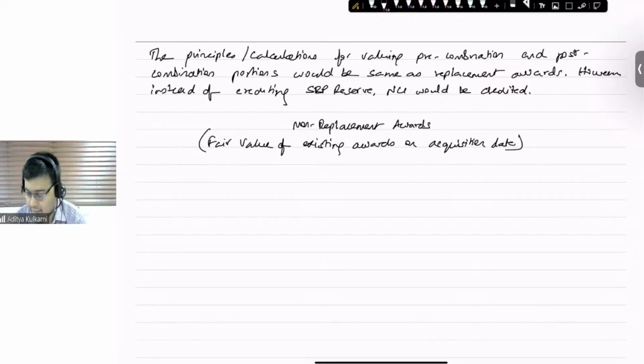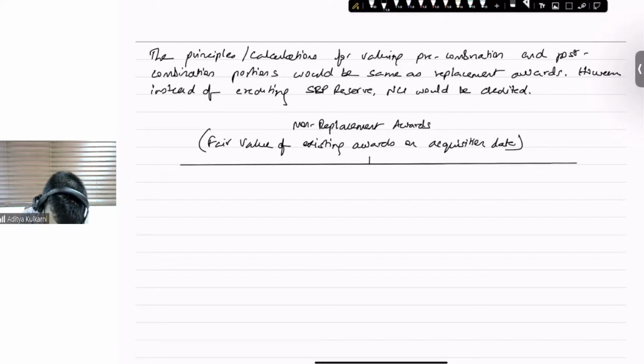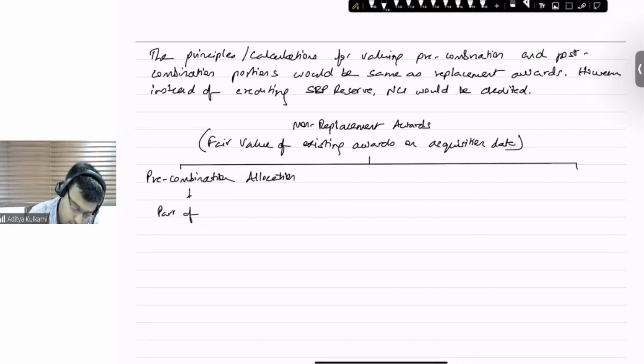Fair value of existing awards on acquisition date. Pre-combination allocation. This is going to be part of NCI.